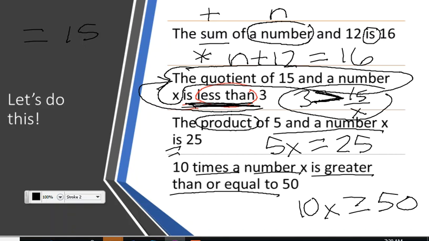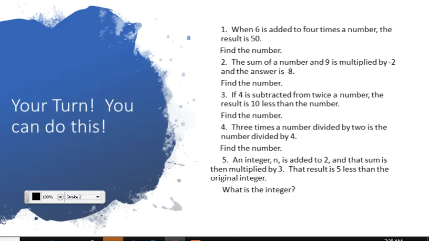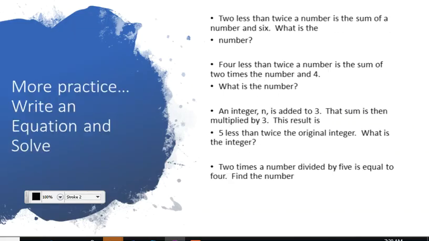Okay, so that's how we translate verbal equations or inequalities. So we're going to do some sample questions together, and then you guys are going to have some of these that you need to practice on your own.